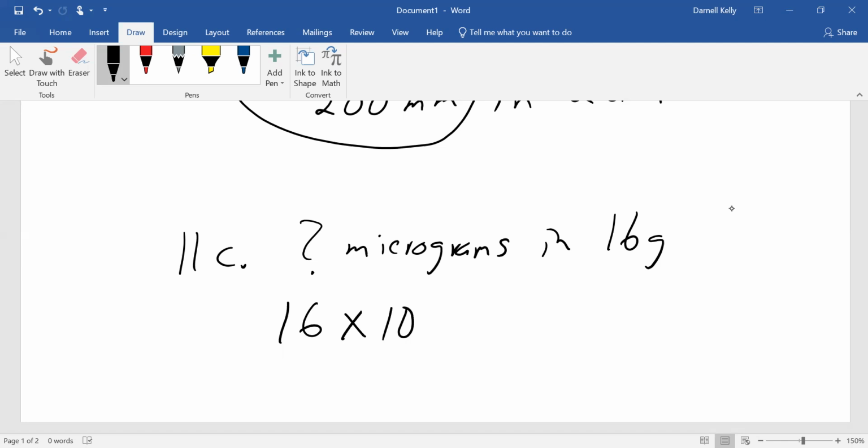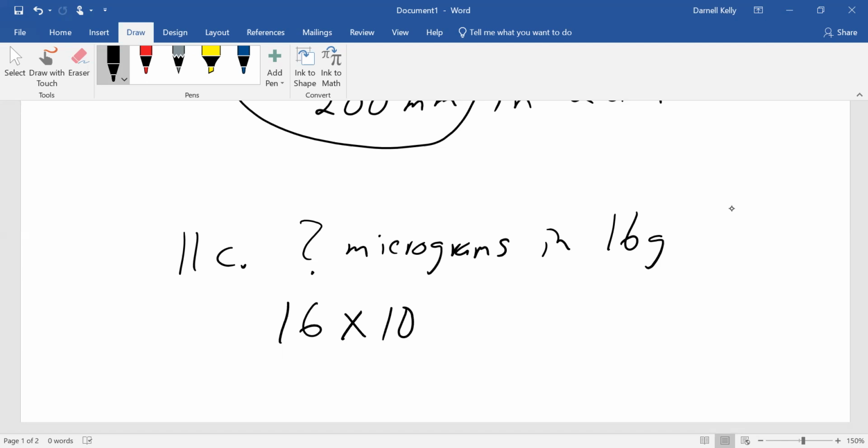So let's count the powers of 10. 3, 4, 5, and 6. As we can see on our chart, there are 6 powers of 10 that separate micro to regular gram.